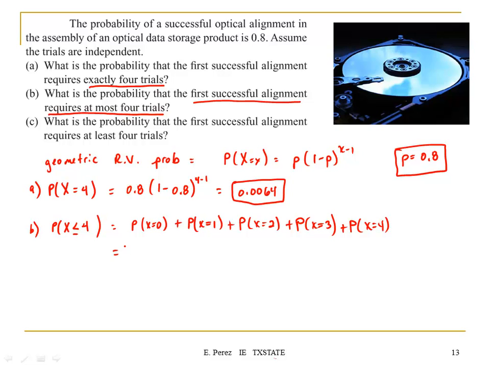If you substitute this x into the equation, you're going to have one expression for each. So for instance, you're going to have 0.8 times (1 minus 0.8) to the power of 0, plus, up to x equals 4.